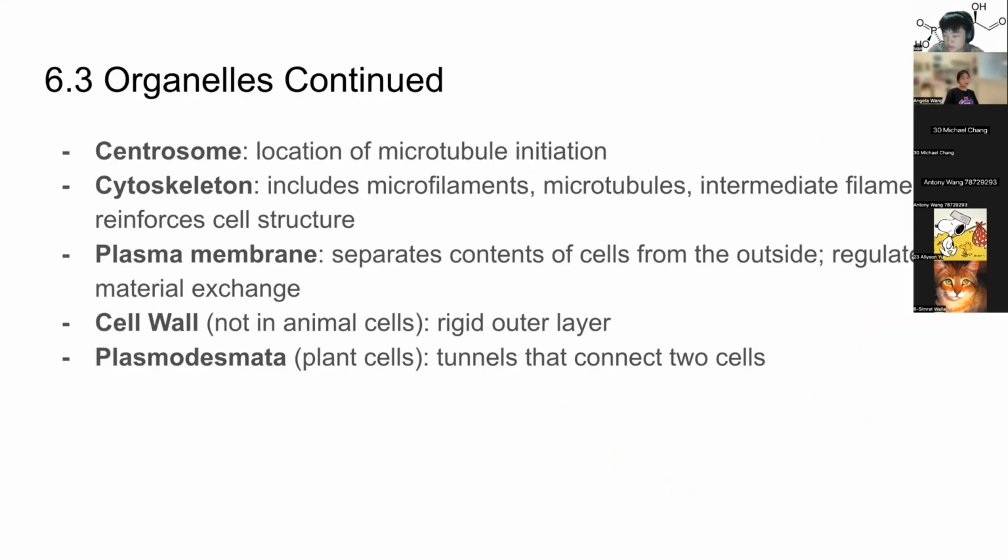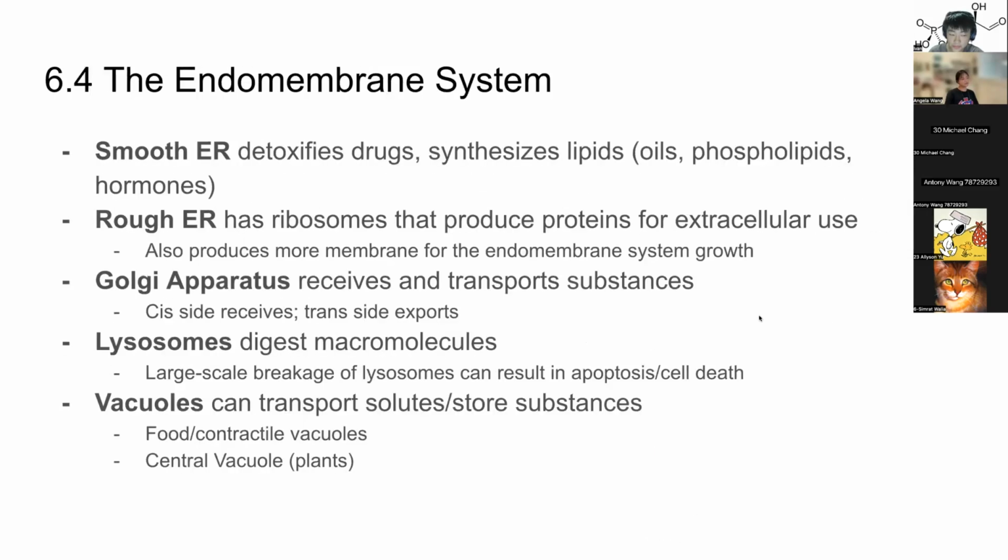The cell wall, which is not in animal cells, is a rigid outer layer that provides more structure to the cell and also protection. Those are in plant cells and fungal cells. And plasmodesmata, which are in plant cells only, are basically tunnels that connect two cells.